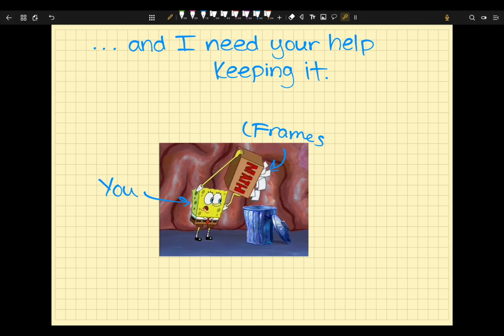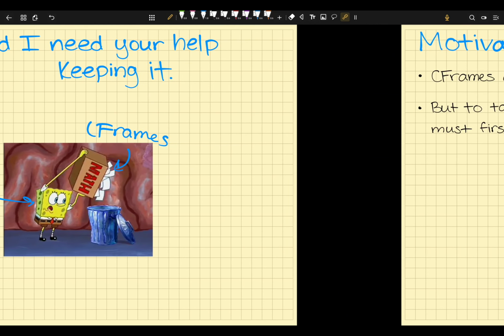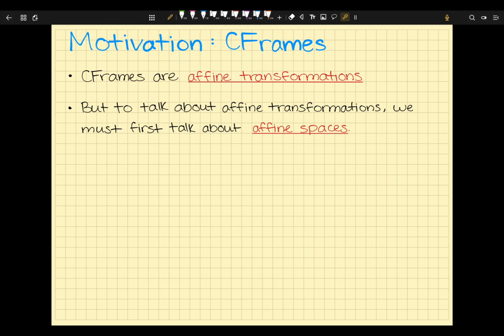Okay. Right. So then our motivation for affine subspaces is C-frames. C-frames are a type of function called an affine transformation. And really, this is what we want to get to. Affine transformations are cool. But to talk about affine transformations, we first have to talk about affine spaces.